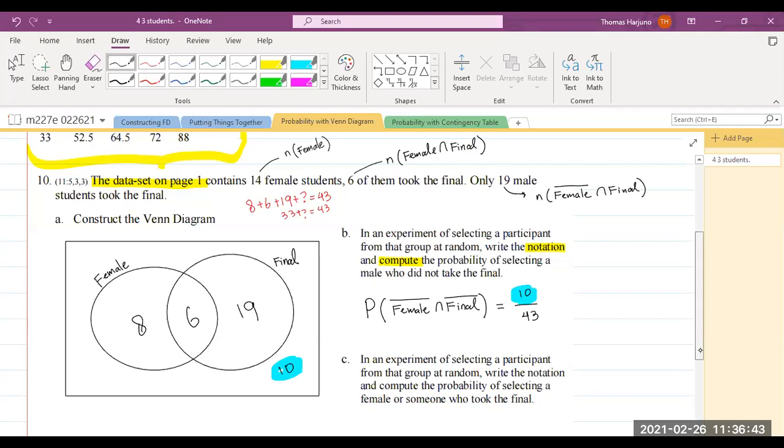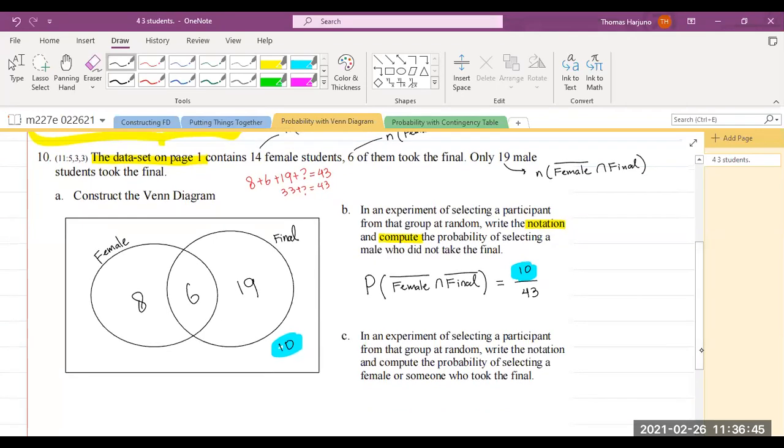Part B, in an experiment of selecting a participant from that group at random, write the notation and compute the probability of selecting a female or someone who took the final. Either female or take final.